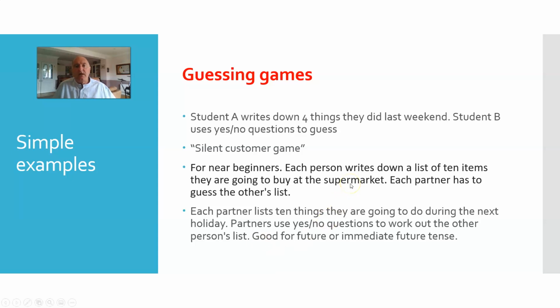Let's say student A writes down 4 things that they did last weekend, and student B has to simply use yes/no questions to guess what those 4 things were. That would revise the past tense, perfect tense, or preterite tense if you like, and provide many repetitions of simple verb forms. The second one, the silent customer game, is where one student has a list of items on a shopping list, let's say a wedding list for a department store.